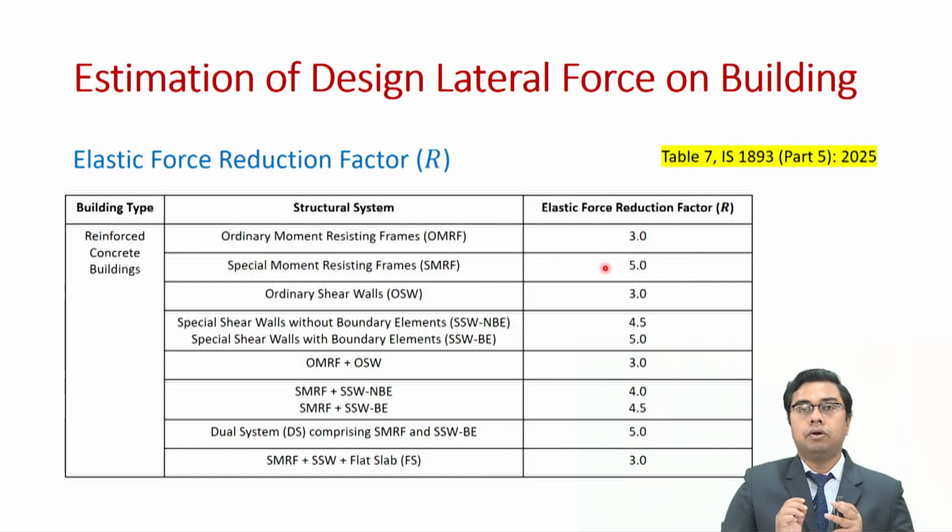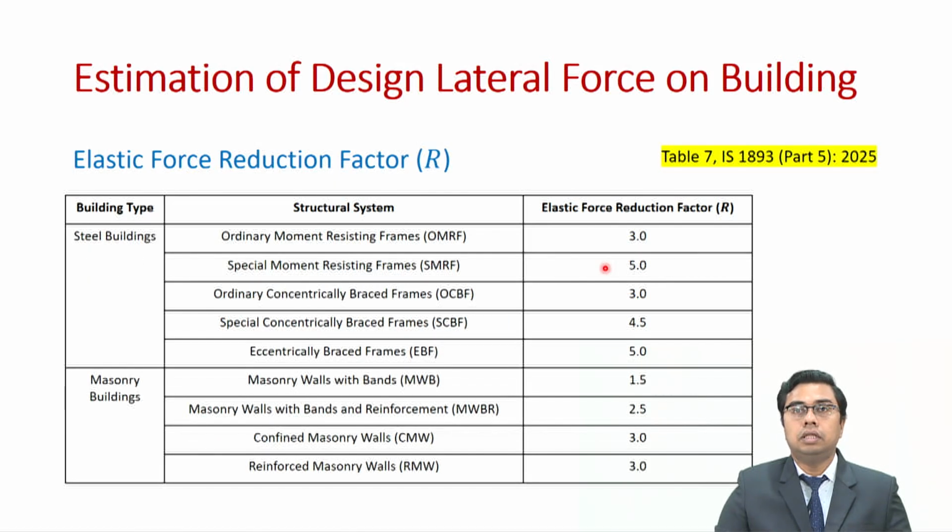Why? Because elastic force reduction factor represents the factor by which you can reduce the design seismic force due to the inelastic behavior of the structure. There are other factors such as redundancy and over strength as well, but it is mostly because of the ductility; the ductility forms the central component of the elastic force reduction factor.